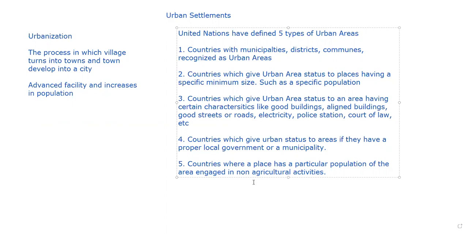Otherwise, proper urban areas are those where there had been certain stages. There was a geographer by the name of Gibbs, and he gave five stages of population concentration.